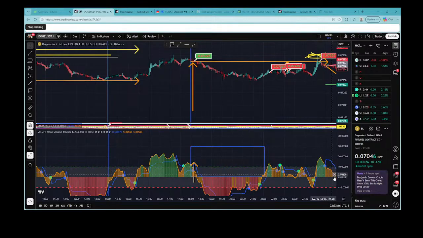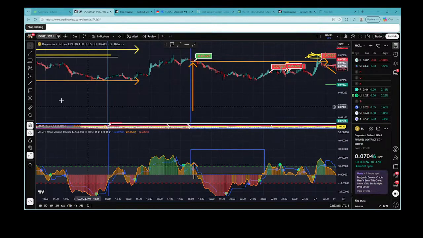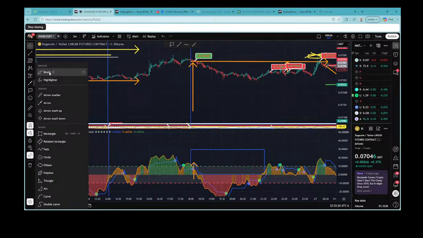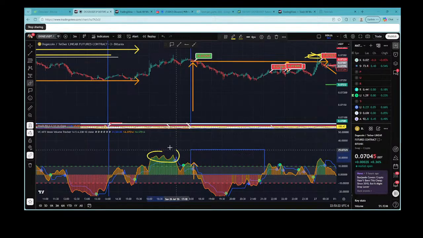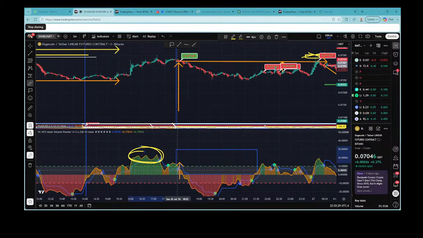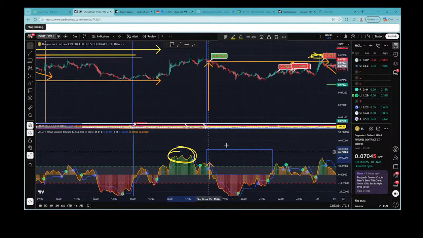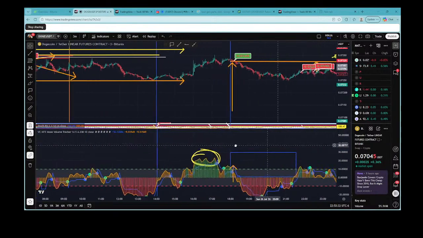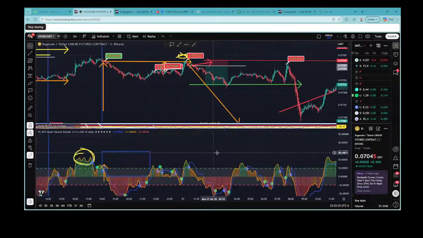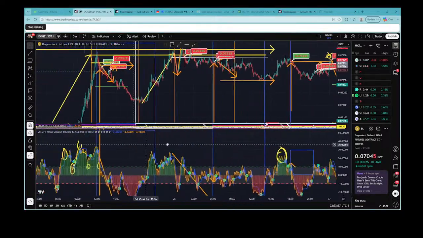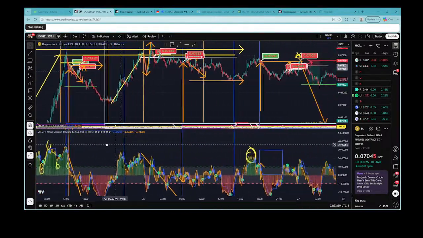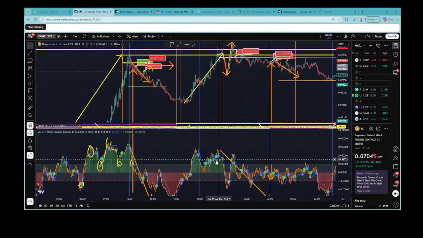For me, it would be this. Normally, if I'm looking for a short, I want the volume to be maxed. So when this one happens, it's okay to see that short play out. But where's that other one? Oh, this entry here.